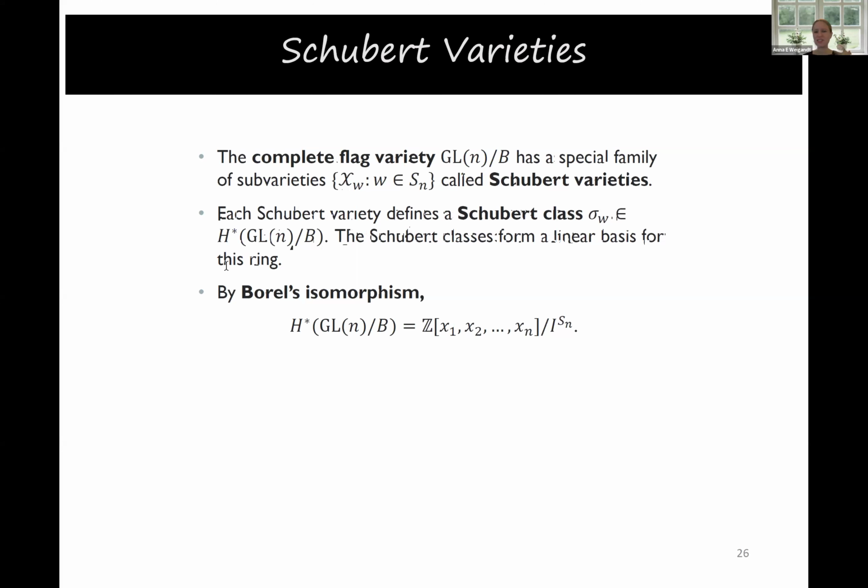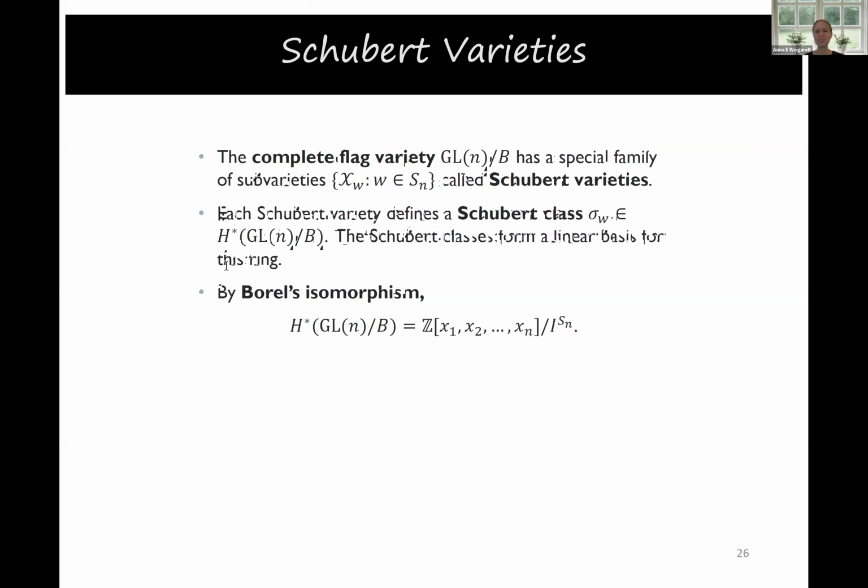To the complete flag variety, we associate a gadget called cohomology, and each Schubert variety gives us a Schubert class. If cohomology isn't a gadget you're used to thinking about, just know that it's some ring, and the ring can tell us information about the geometric setup of this space. The Schubert classes form a basis of this ring.